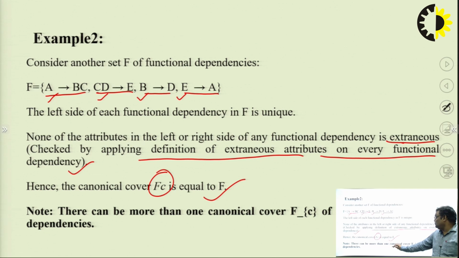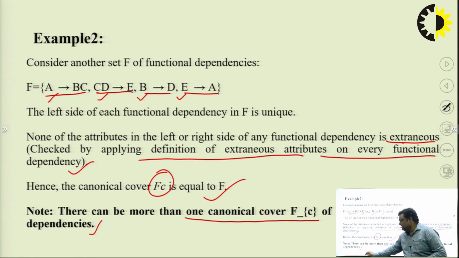there can be more than one canonical cover FC of a set F of functional dependencies. Okay, so we can have more than one set of functional dependencies. If we are removing something, we can remove something else also in spite of that particular attribute. So the set can be different.